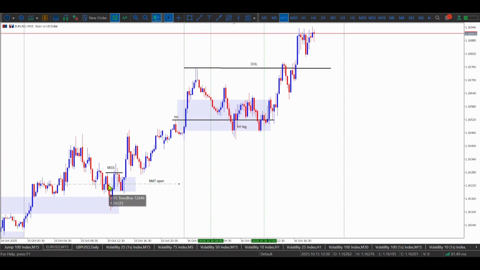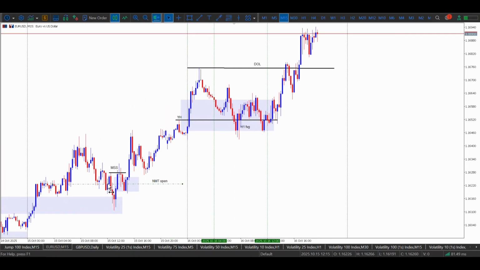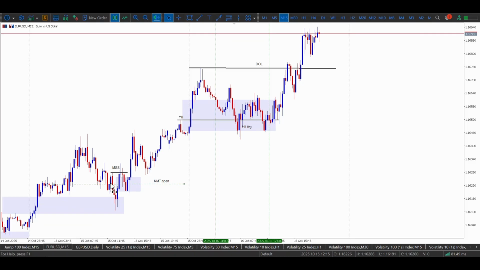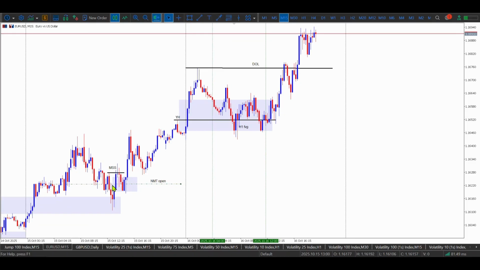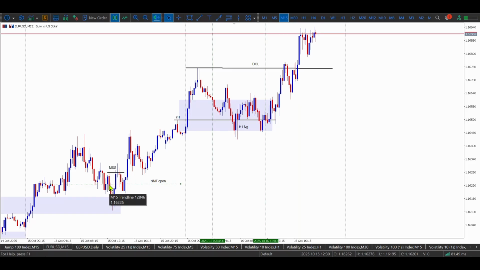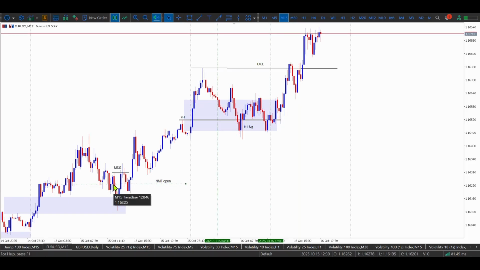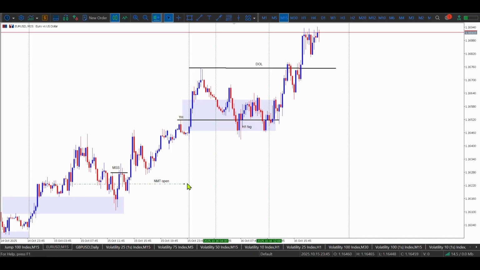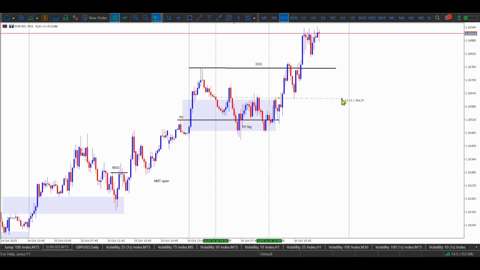Okay, we have a problem taking this line. Why is it not okay? So our New York midnight time open, horizontal line right there.